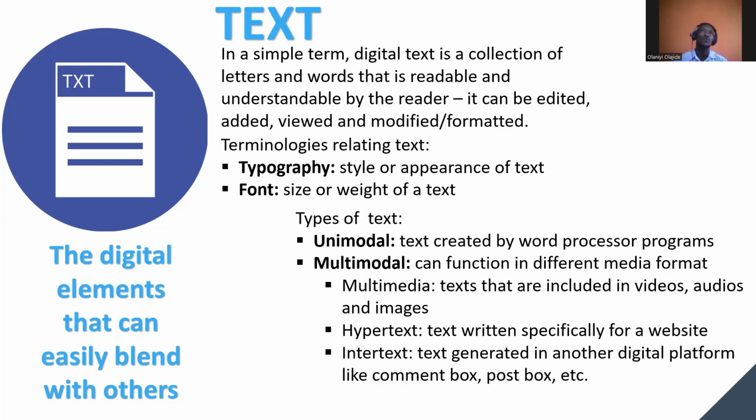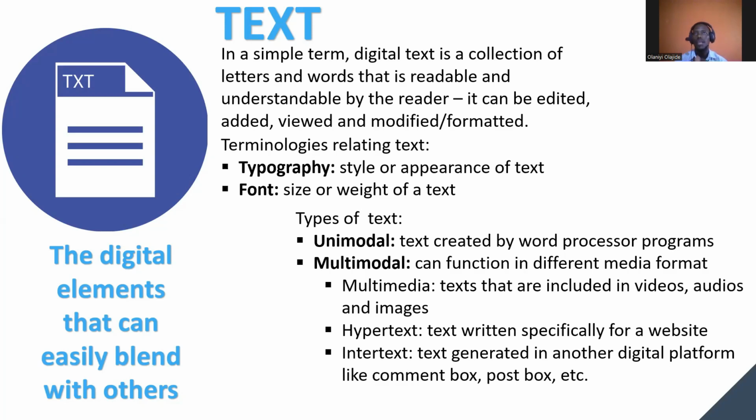For example, if I go to Word and I type a definition of something, types of animals or beautiful places in the world, and that text I have created in a Word processing document program is called a unimodal text, which means that that text is peculiar to that program, right?